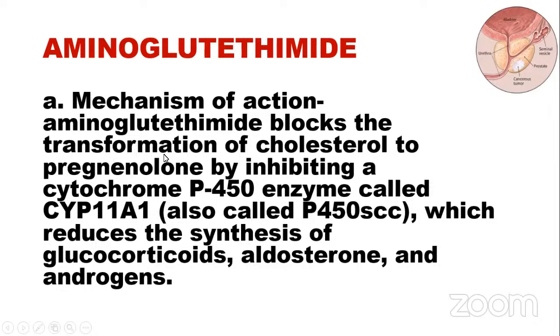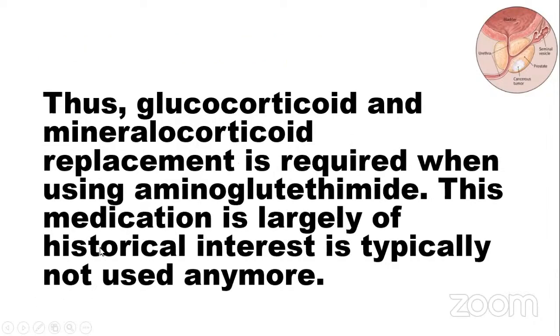Mechanism of action: it blocks transformation of cholesterol to pregnenolone by inhibiting the cytochrome P450 enzyme called CYP11A1, also called P450 SCC, which reduces the synthesis of glucocorticoid, aldosterone, and androgen.